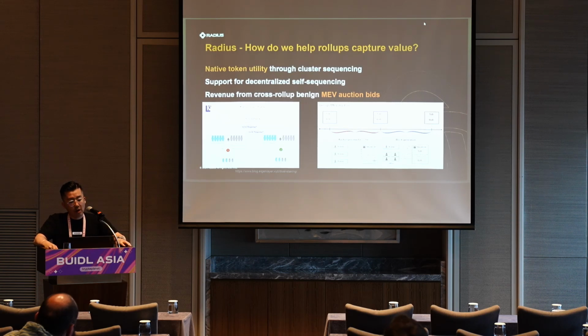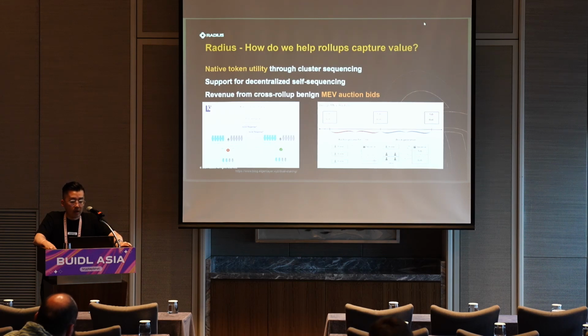Radius's approach: we are going to support native token neutrality, which means any entity who wants to become a sequencer for our shared sequencing layer can stake their layer 2's native tokens.